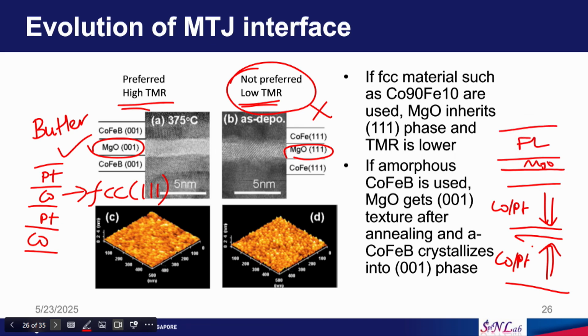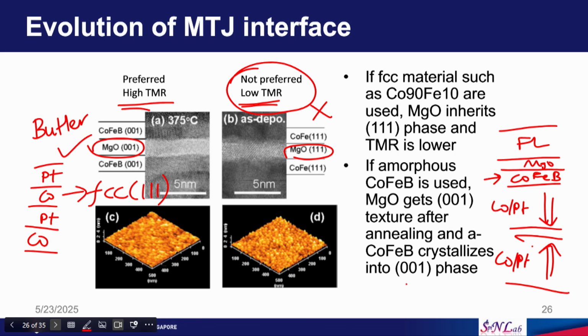Okay, so, at the interface I showed you that there is a cobalt iron boron. Okay. You can look at the slides later, but this is something I showed you before. I did not tell you the reason why we have this cobalt iron, because that time it was too early to discuss that. Okay, so, the reason we have the cobalt iron here is to break the crystal structure following.